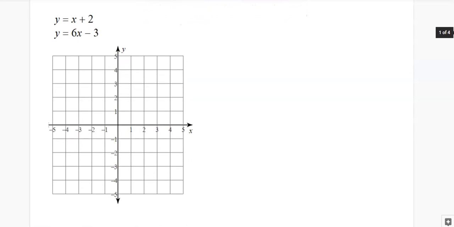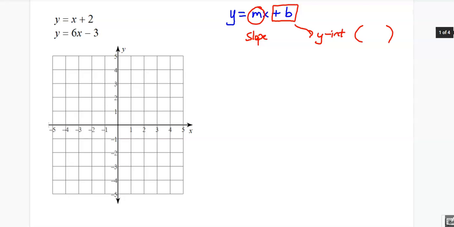So this first one, I give you both lines in slope-intercept form because some of the examples do that. Slope-intercept form is probably the easiest to graph because they're in the form y equals mx plus b. And remember, the number in front of the x, this is your slope. And the number b is where you cross the y-axis, your y-intercept, (0, b).